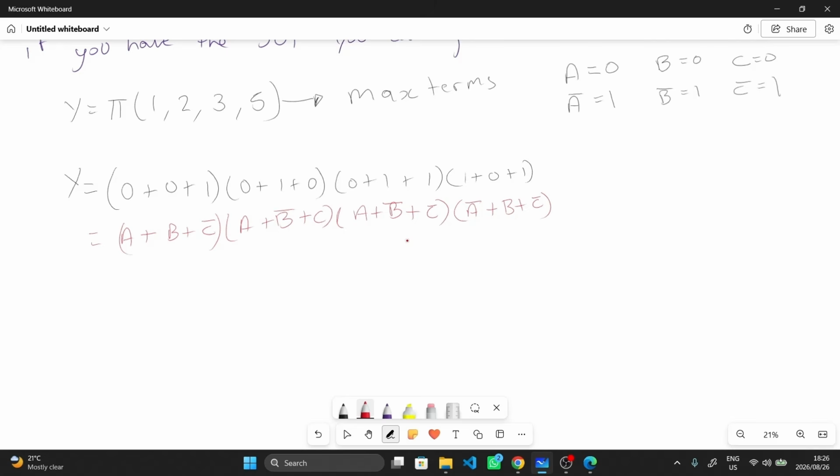So this is a standard SOP, POS form. So we can say this is the standard POS form, the canonical POS form, right? Or one of those.